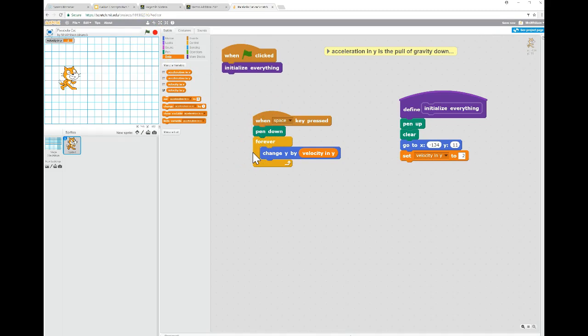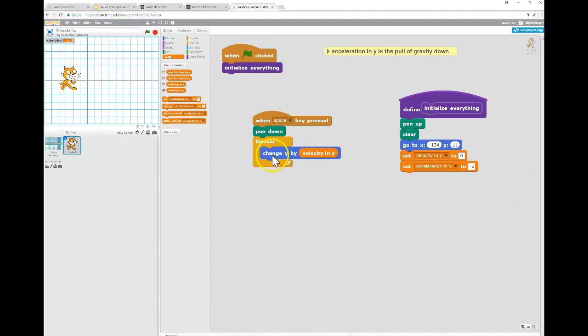Galileo observed. Galileo observed that you fall faster and faster and faster, and that is acceleration in y. So we're going to take this other variable, acceleration in y, and we're going to make it -2, and we're going to start out at 0, because we said when you first drop something, its velocity is 0, and it speeds up as it goes.